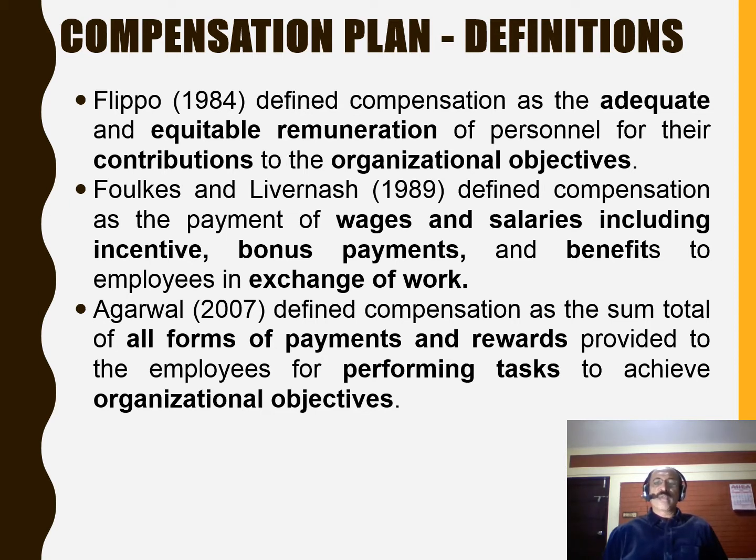One, it should be adequate. It should be equitable, that is based on the job that he is doing. And it should be basically attaining the organizational objectives. It can be wages, salaries, and many other direct and indirect methods of compensation. And altogether, this is for achieving the organizational objective.